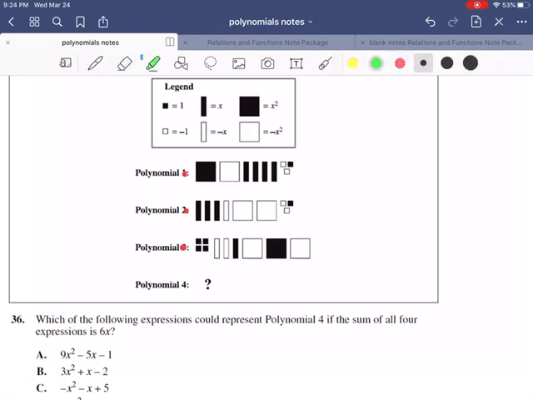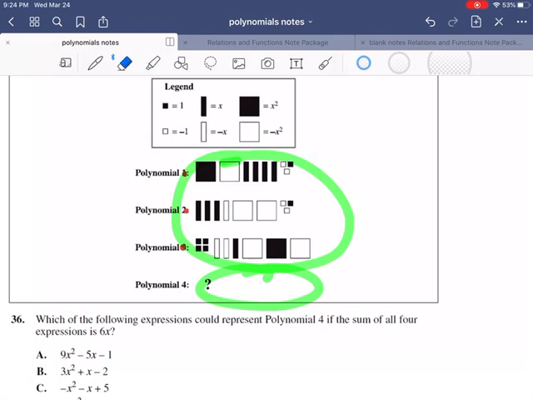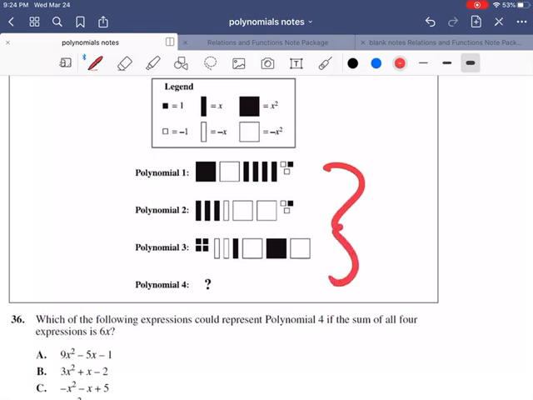And the question is saying, if you add up all these tiles plus whatever is missing here, the result is going to be 6x. So all we're going to have left is 6x.